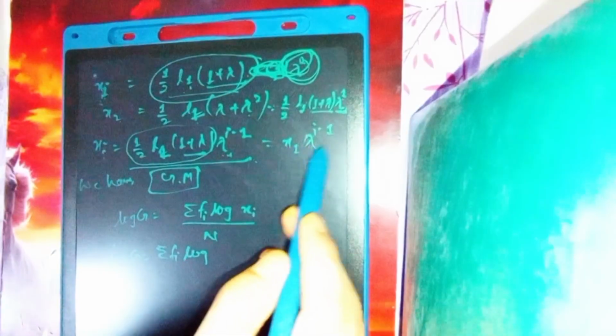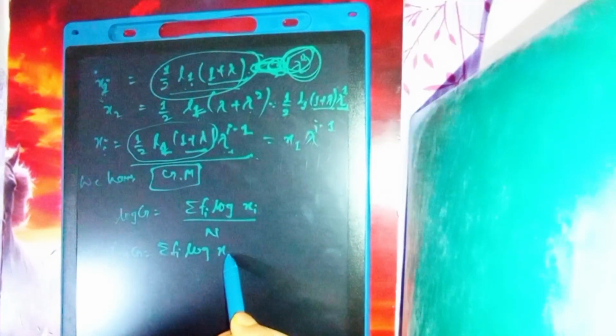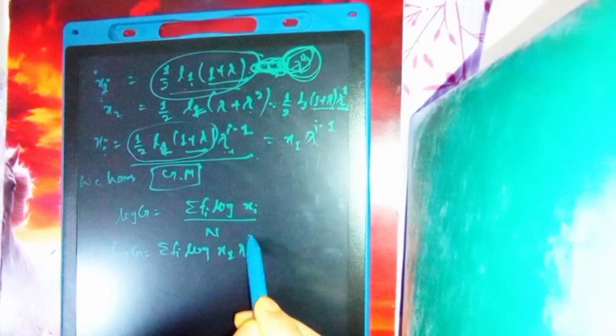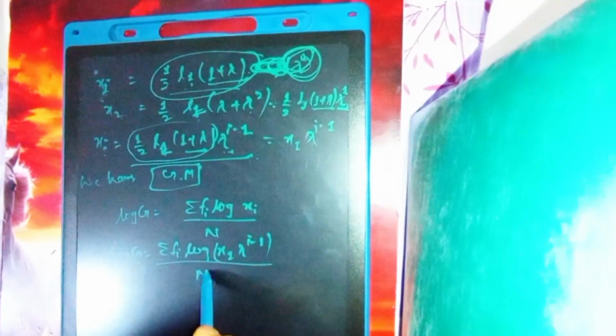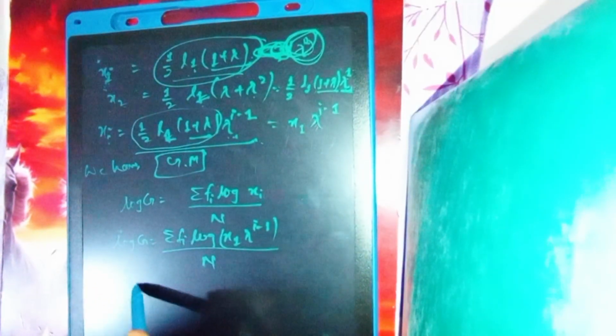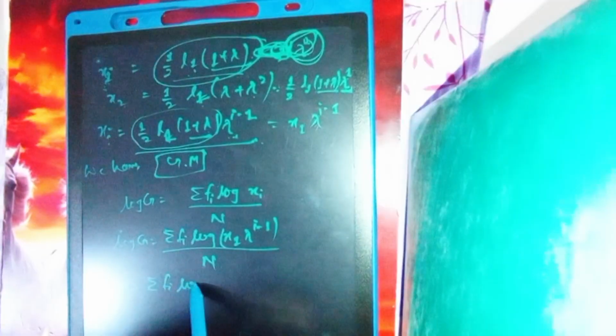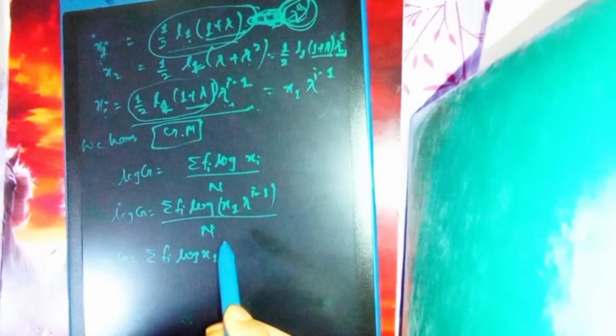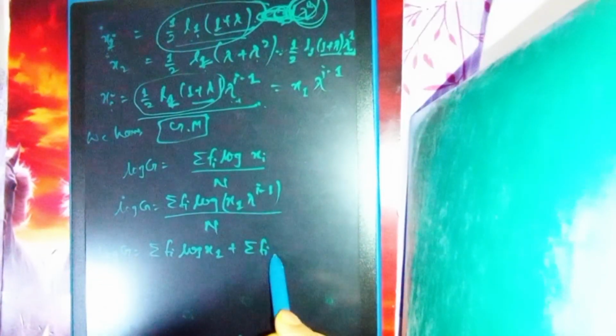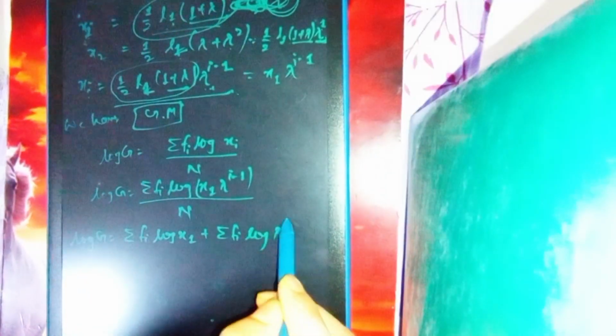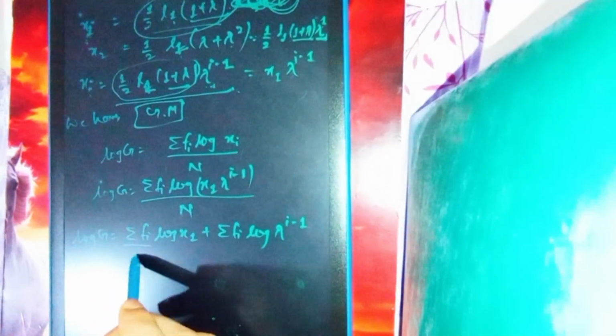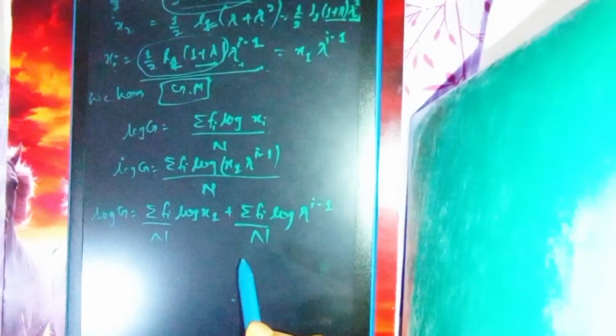So now we will put x1 lambda I minus 1 here. That will be x1 lambda I minus 1, okay? So divided by n, and we will just separate the thing by the formula of logarithm: summation fi log x1 plus summation fi log lambda I minus 1, okay? And both divided by n, okay?